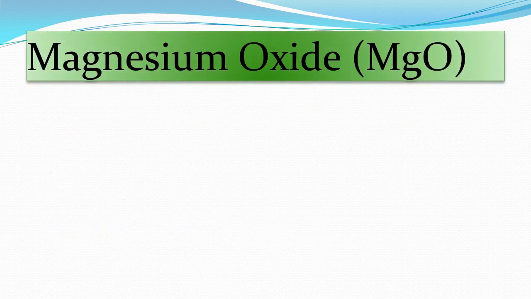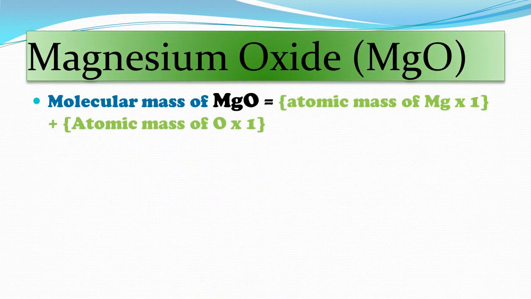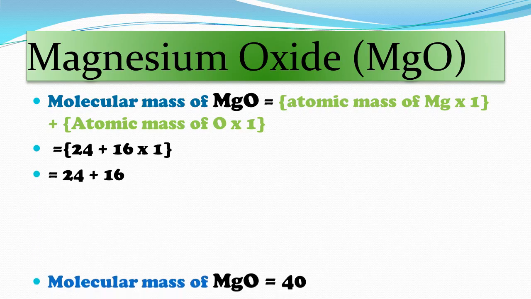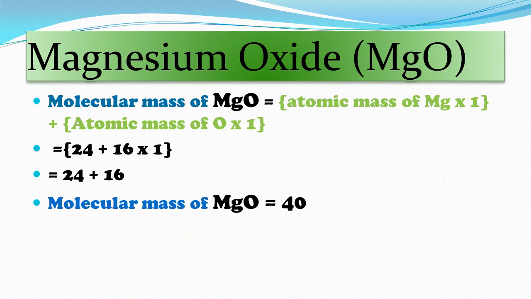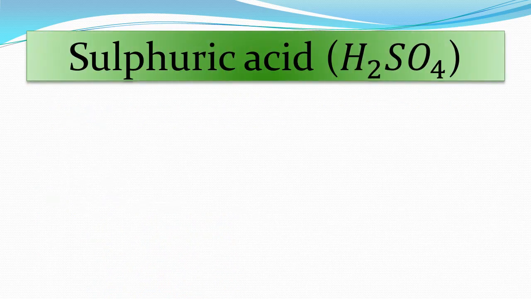Okay, now next is magnesium oxide, or MgO. The molecular mass of MgO is equal to the atomic mass of magnesium multiplied by 1 plus the atomic mass of oxygen multiplied by 1. So 24 plus 16 is equal to 40. So the molecular mass of magnesium oxide is 40. Alright, next is sulfuric acid, that is H2SO4.